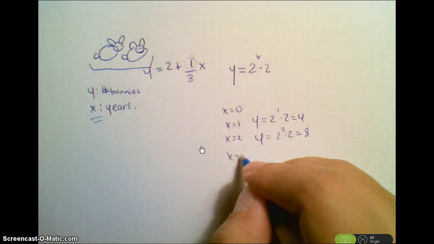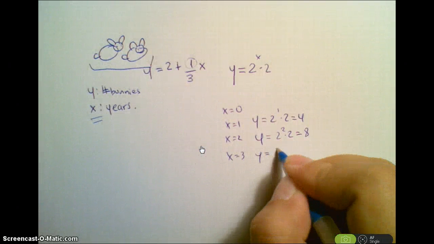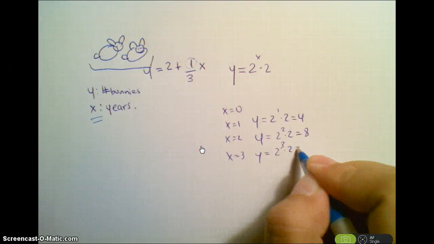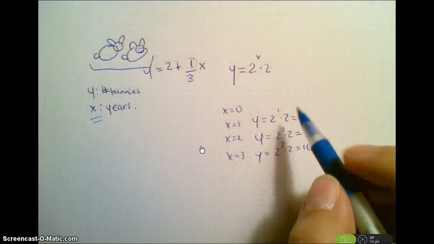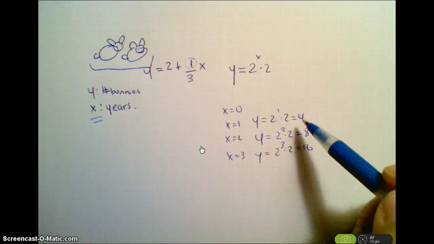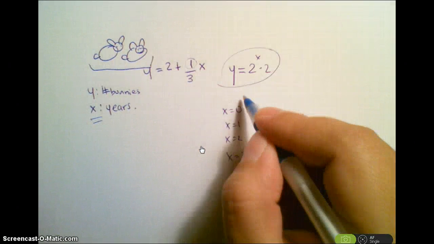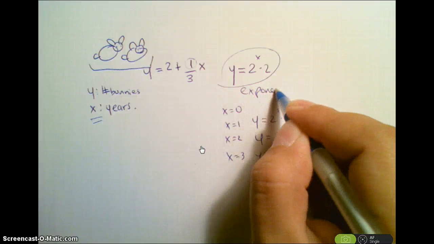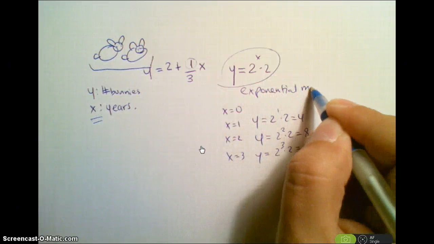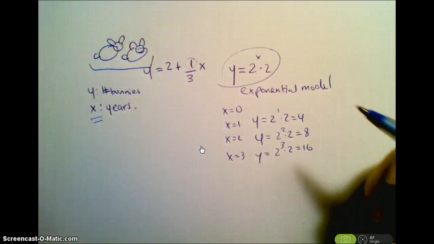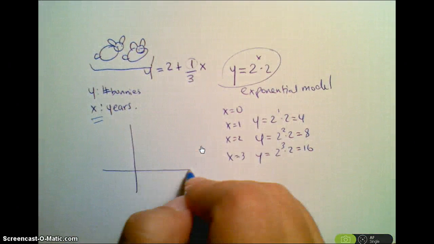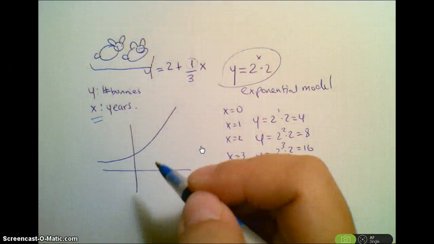So as you can see, as time goes by, the population starts doubling. It starts with 2, and then it goes to 4, to 8, to 16. So this is called an exponential model. And as you remember, the function looks like this.